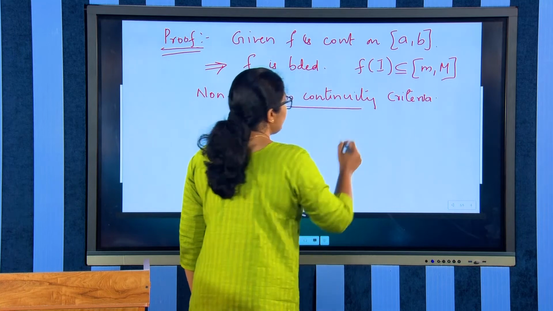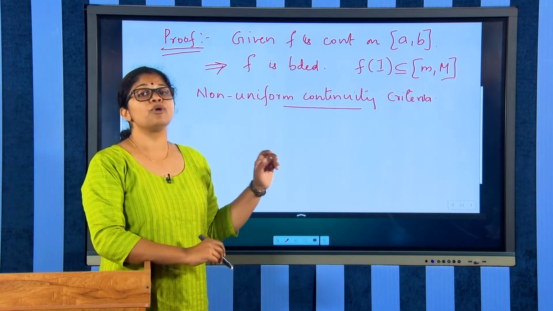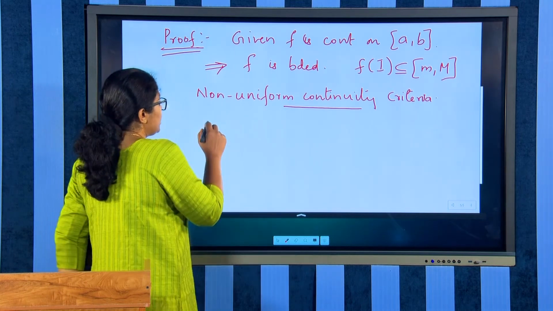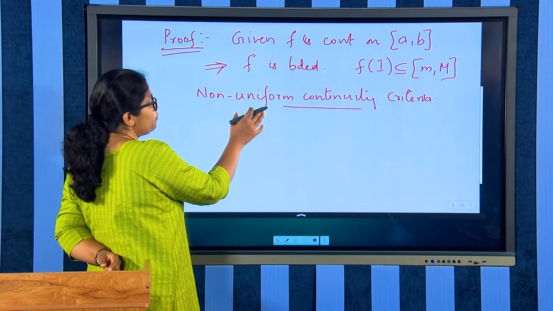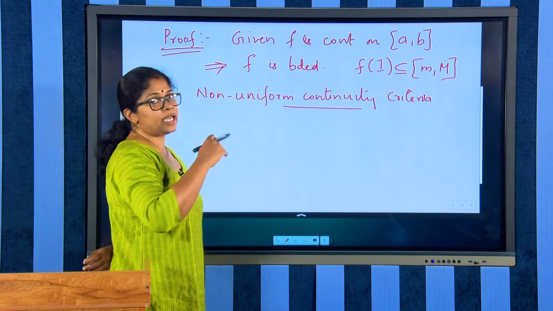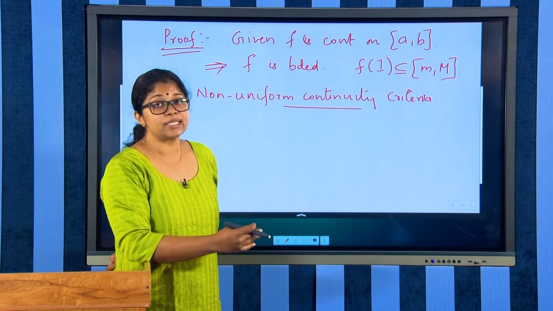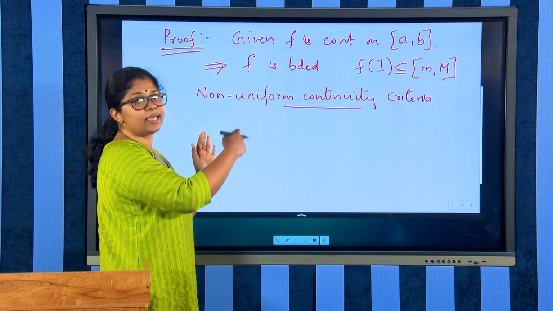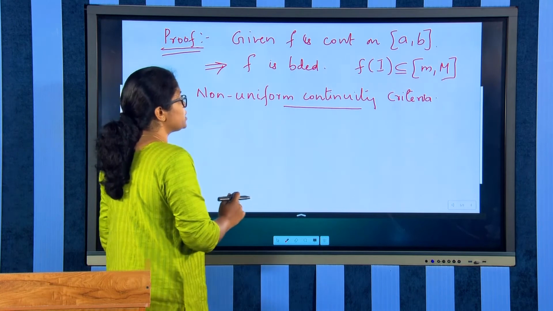That means, when will you say that the function is not uniformly continuous? Uniform continuity says that given epsilon greater than 0, there should exist a delta greater than 0 such that modulus of x minus y less than delta indicates that modulus of f of x minus f of y is less than epsilon.